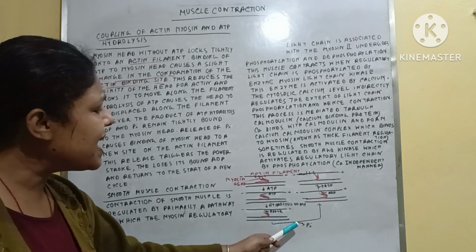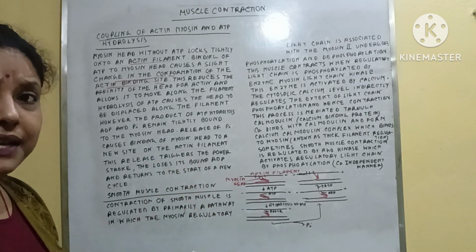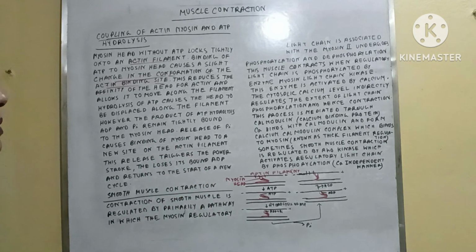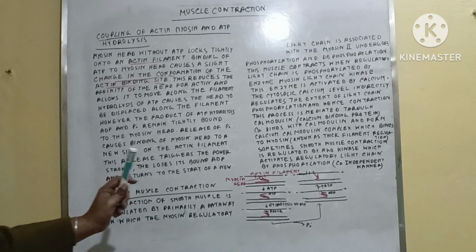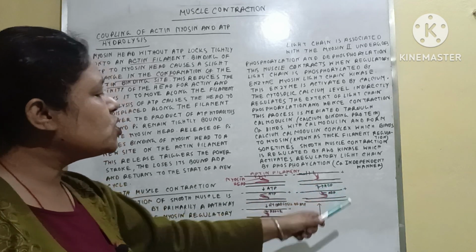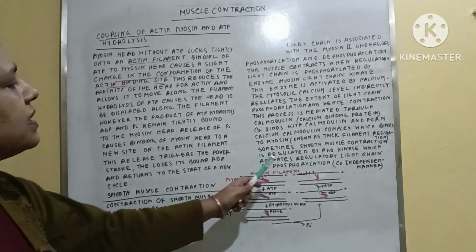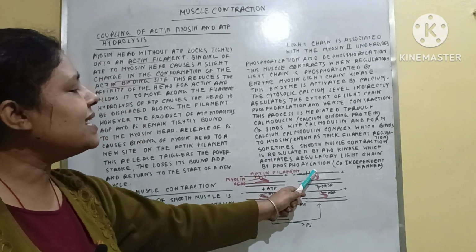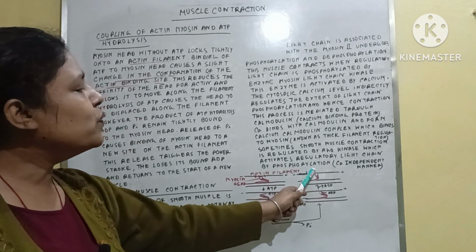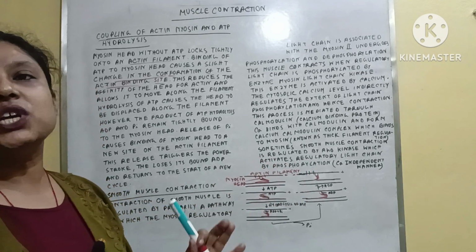But when the Pi is released from this position, then the myosin head tends to bind to another place on the actin filament. Okay, so in the last situation you can see that ADP is also released, and when ADP is released, it is tightly bound with the actin filament, and here the position obviously changed.